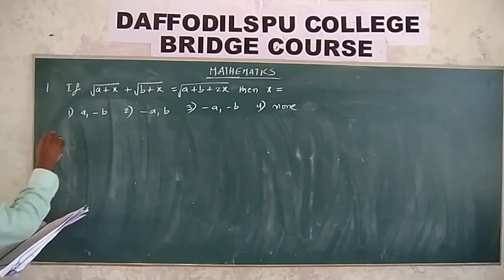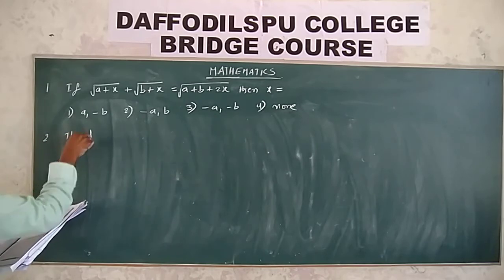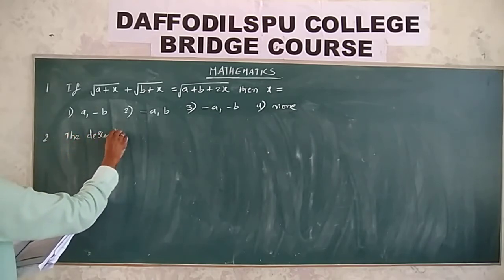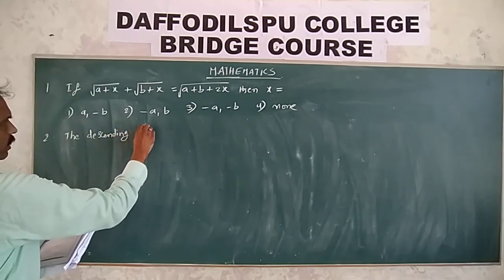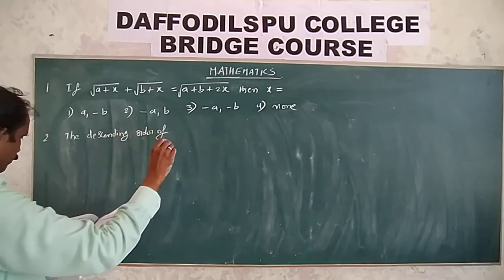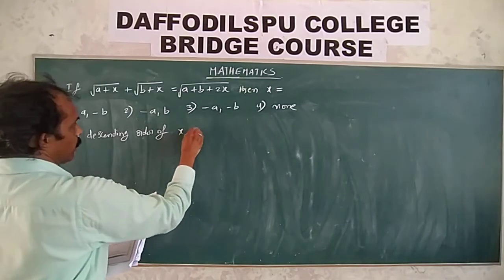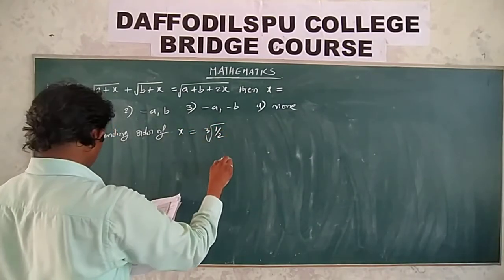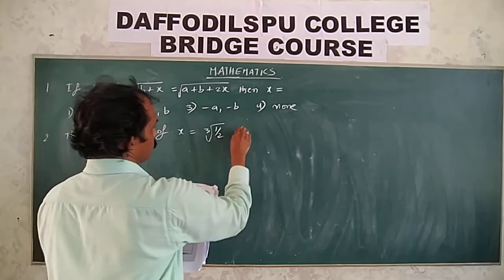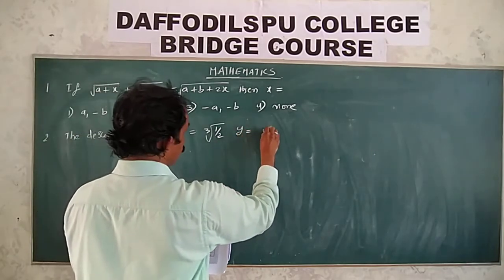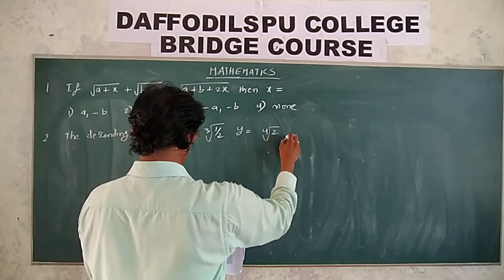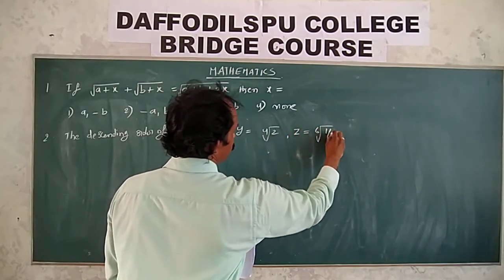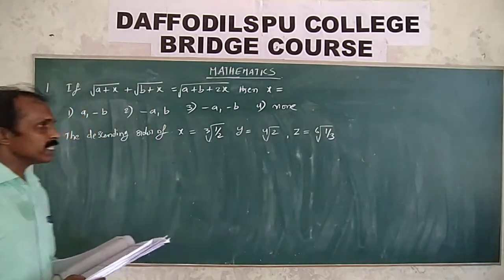The descending order of x is equal to cube root of 1 by 2, y is equal to 4th root of 2, z is equal to 6th root of 1 by 3.